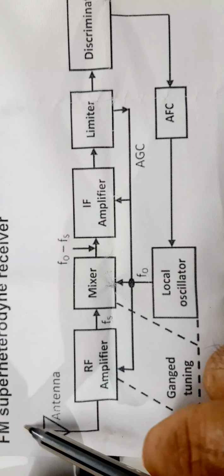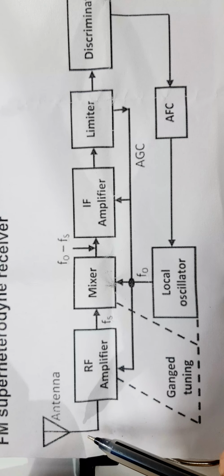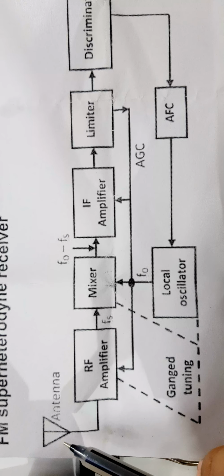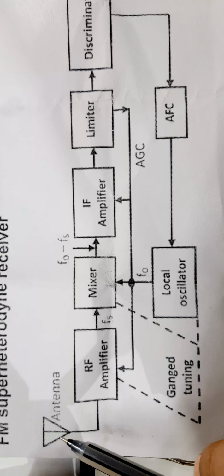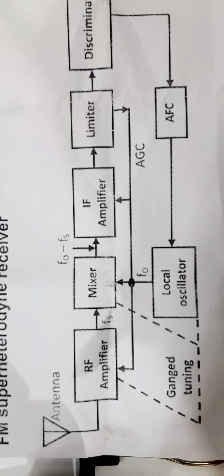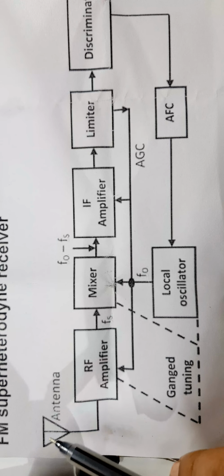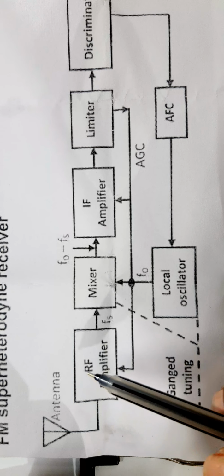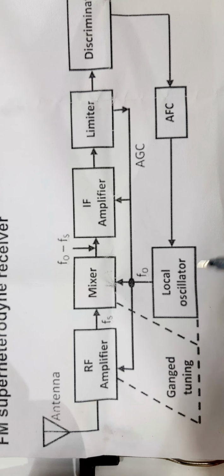This antenna receives the frequency modulated signal from the transmitting antenna. Since it becomes weak, it has to be amplified to the required level, and the signal received is very high frequency. It is known as RF frequency. Therefore, this RF amplifier circuit will amplify the received signal.